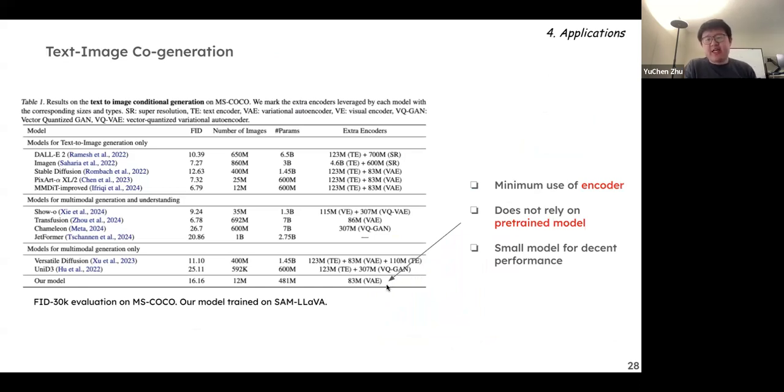I want to bring to your attention that across all these methods, we have a minimal use of encoders, and we do not rely on any pre-trained model, as we wanted to see how good our algorithm is. We have a very small model, but still achieve very decent performance, an FID of 16, using very minimal training data and training compute.